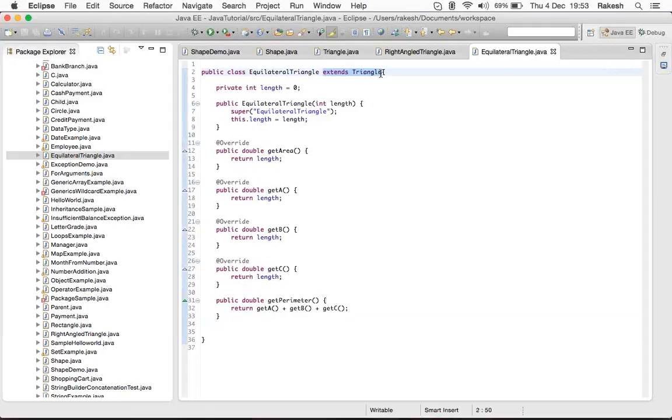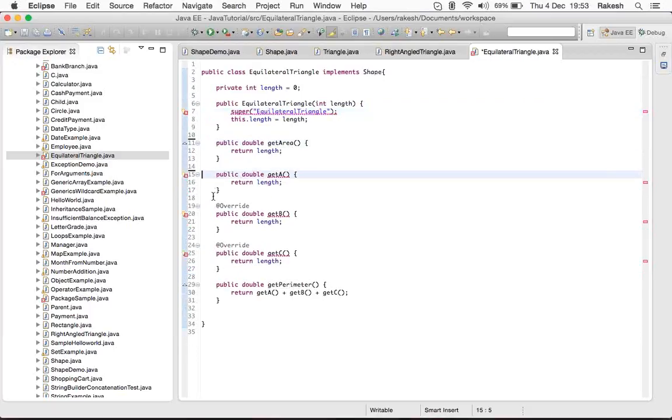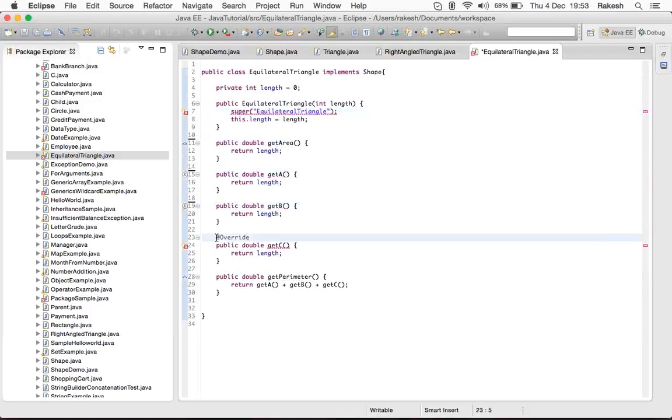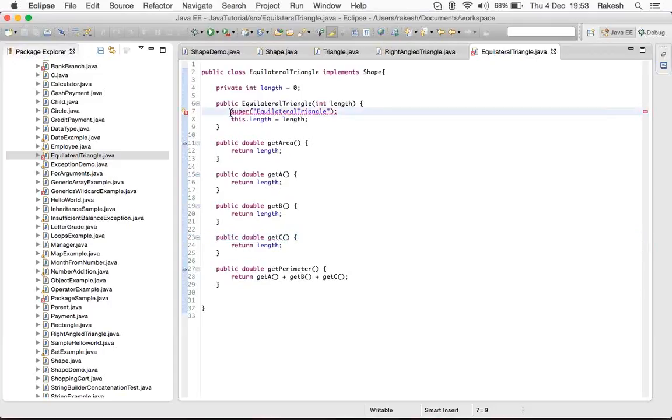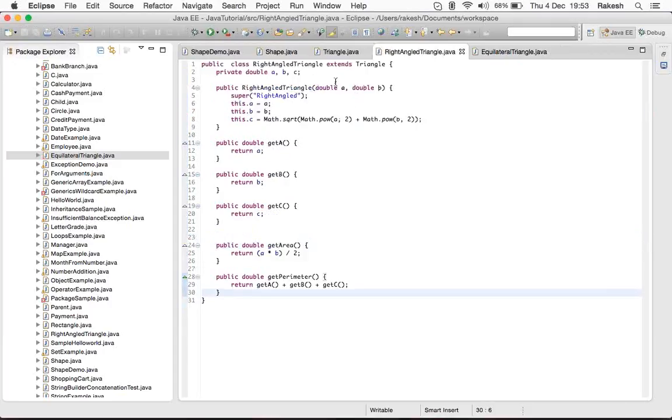Just let me make this change. Just changing this, so just give me 1 second.